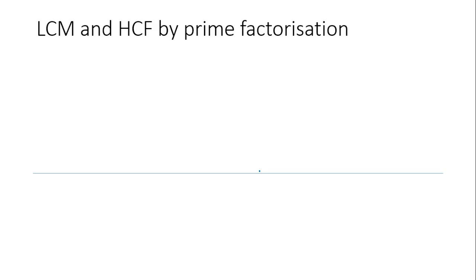Alright, now let's move on to finding LCM and HCF by prime factorization. We have learned how to find the LCM and HCF by prime factorization in smaller classes without realizing that the method is based on the fundamental theorem of arithmetic. Let's take an example, say two numbers 6 and 20. We need to find the LCM and the HCF of these two numbers.